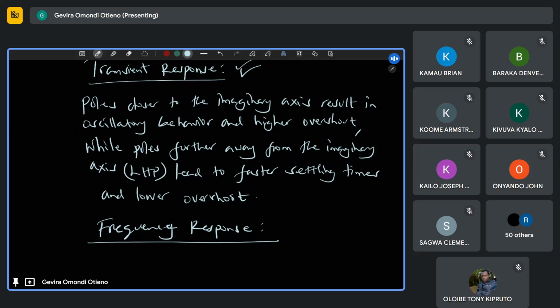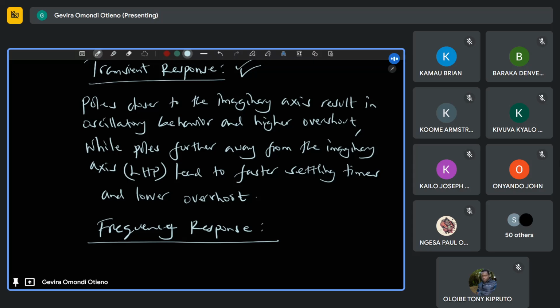When I talk about frequency response, I talk about things like resonance frequency, bandwidth, so that poles closer to the imaginary axis will correspond to some dominant frequencies in the system response, while poles that are further away will contribute less to the overall frequency content.